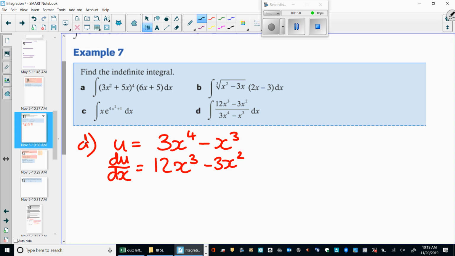So I'm going to split this now, before I do anything.